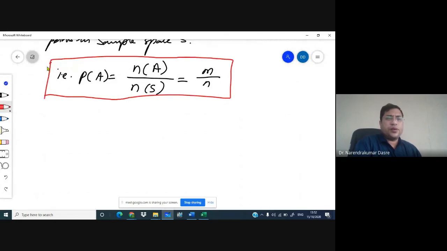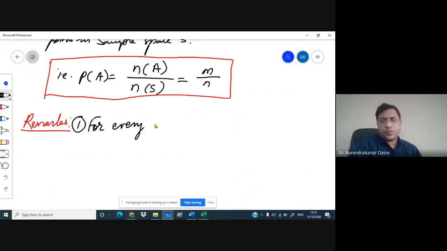Once we know the probability of any event, what are the things related to it? These are the remarks that we need to understand about probability. For every event A, 0 is less than or equal to P(A), which is less than or equal to 1.